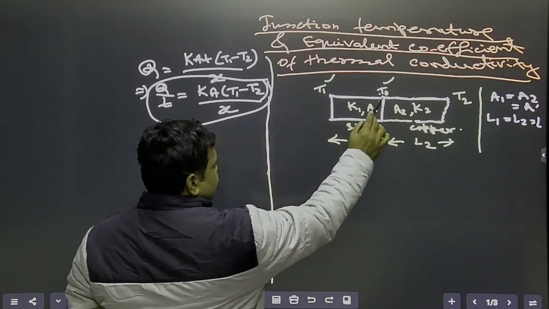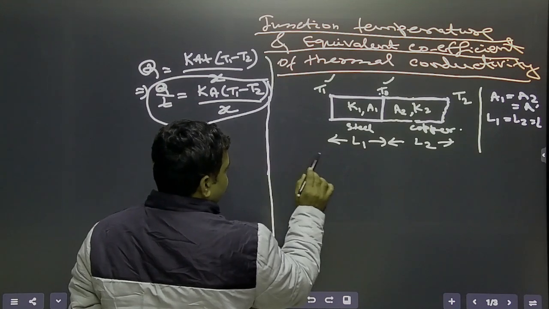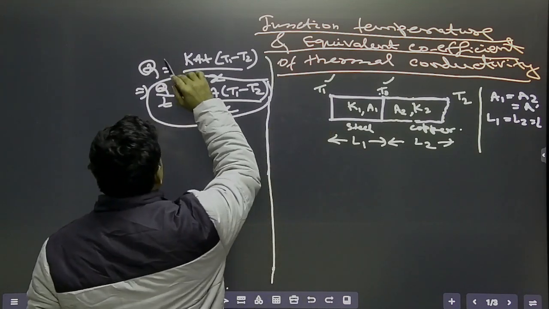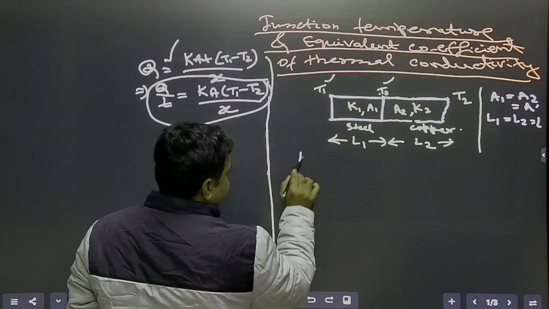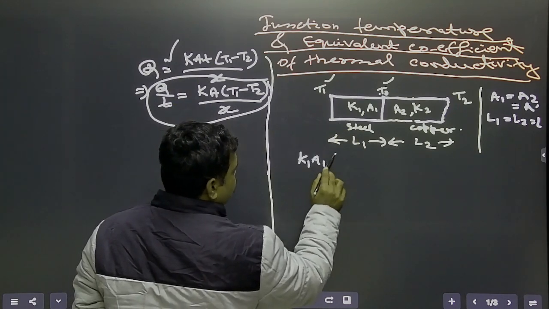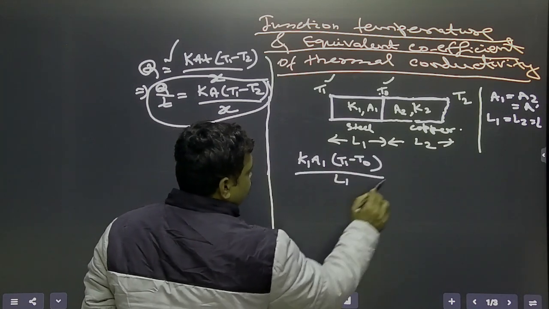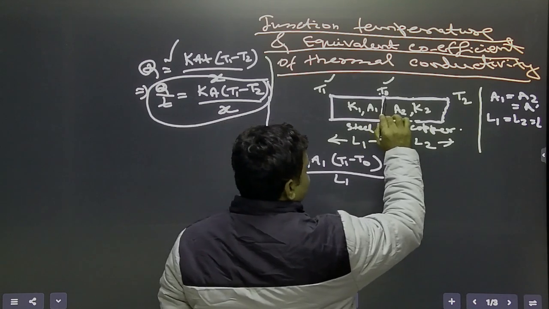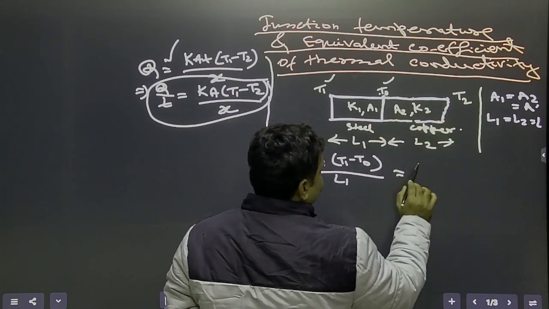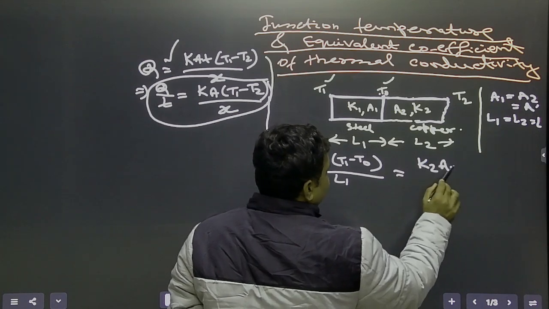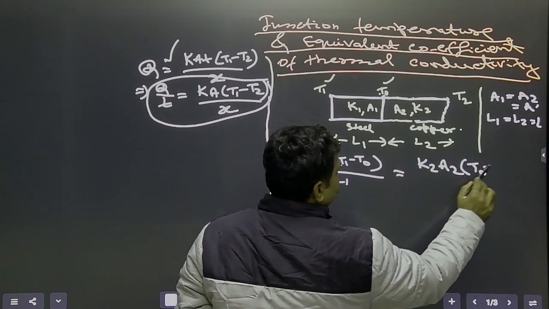From this end to the junction, the rate of heat transfer is K1 A1 (T1 minus T0) upon L1. Similarly, from the junction to the other end it will be K2 A2 (T0 minus T2) upon L2.